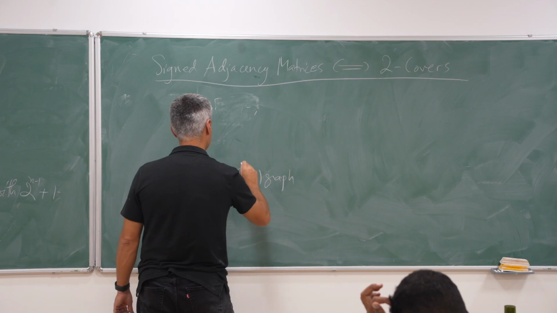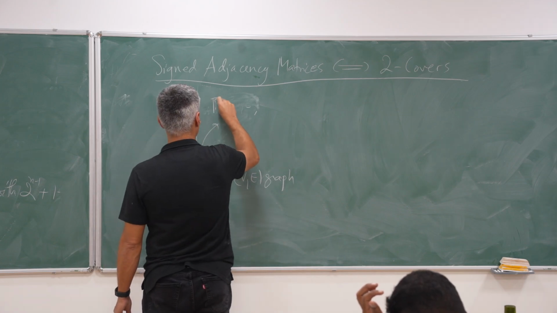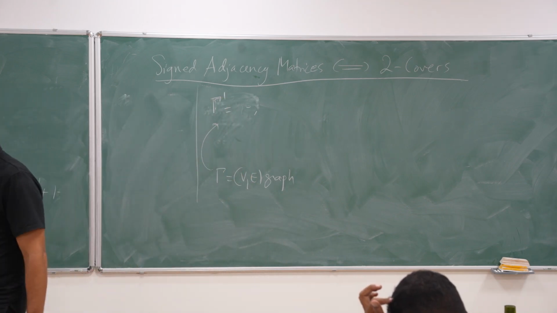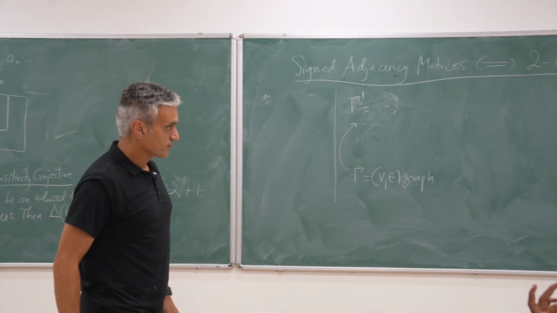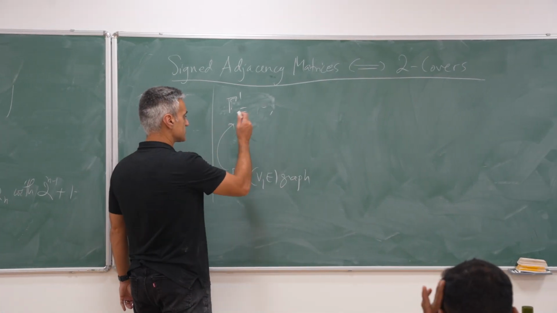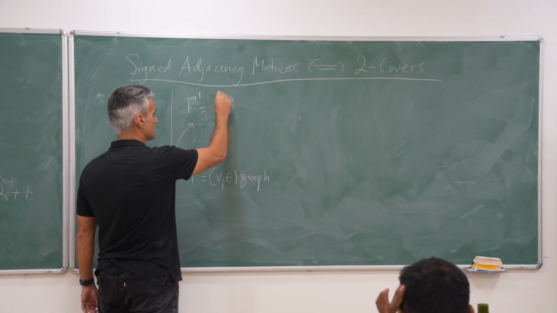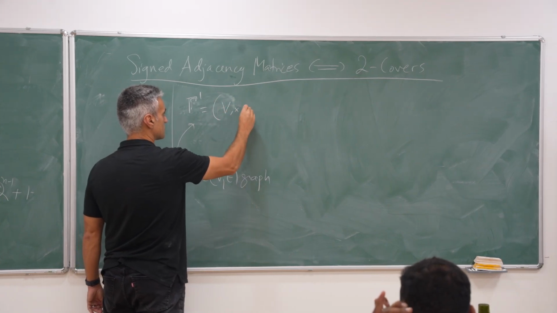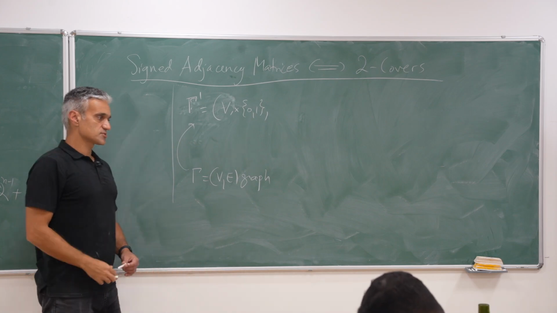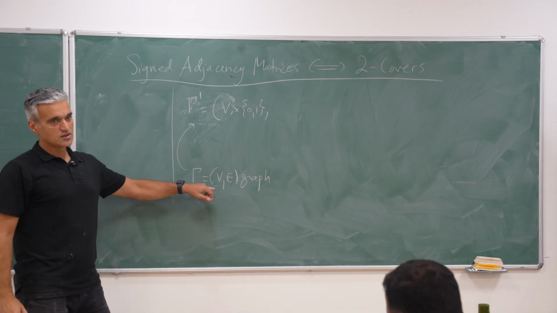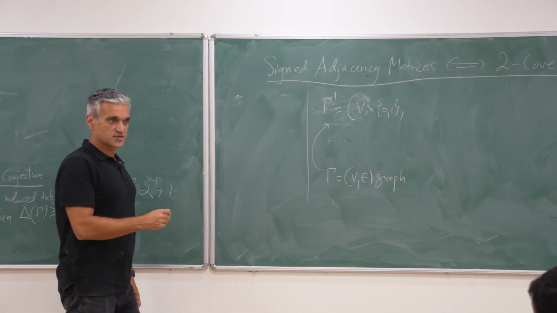You'll see in a second while I do this picture, gamma prime will be the following graph. You have as vertex set the vertex set of the graph, Cartesian product with {0, 1}. So from each vertex, I will make two copies of the vertex in the two-cover.